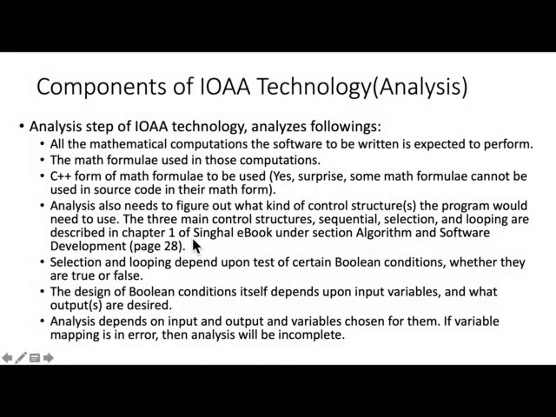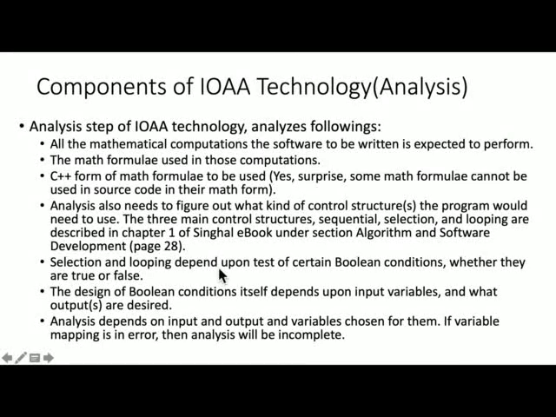These are all described in chapter 1 of Singhal ebook under the section Algorithm and Software Development, page 28. My students have access to that, so you can take a look at that and read it for more details.